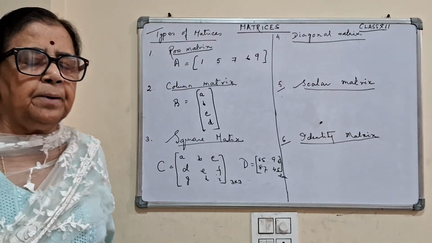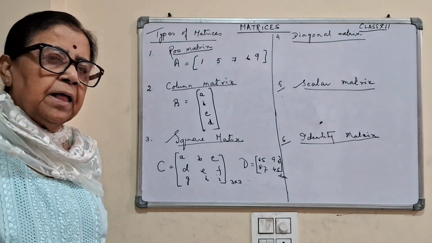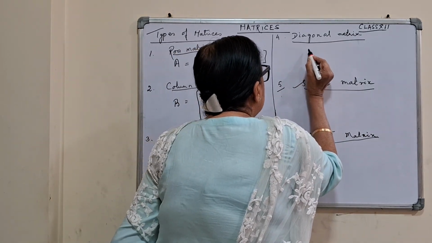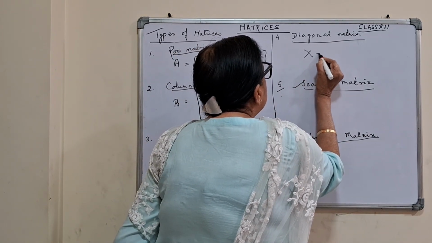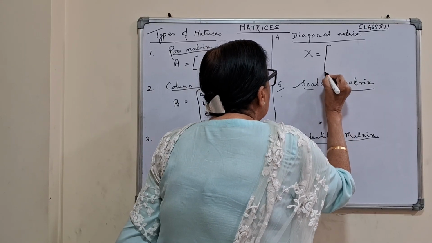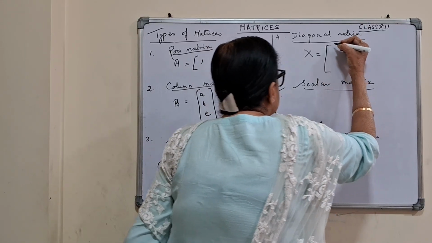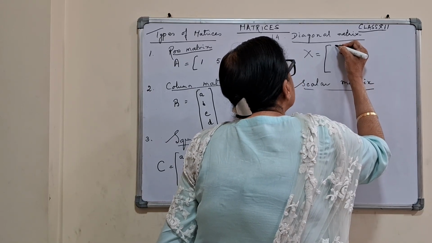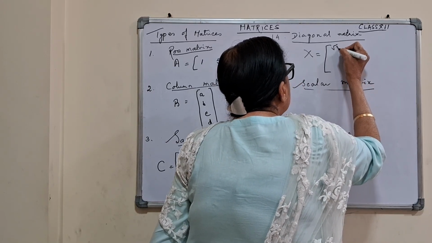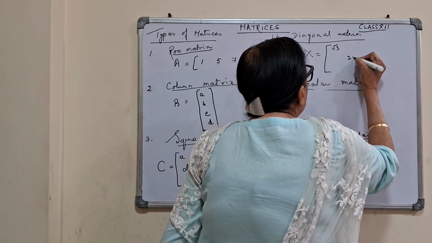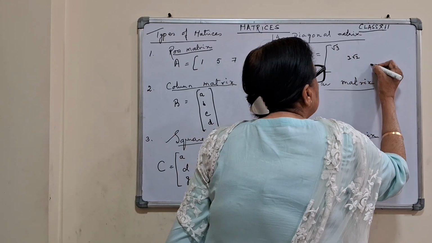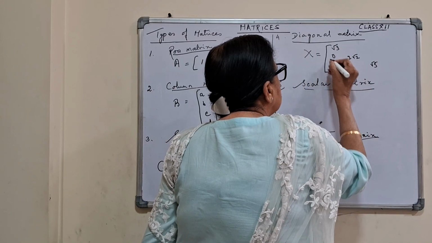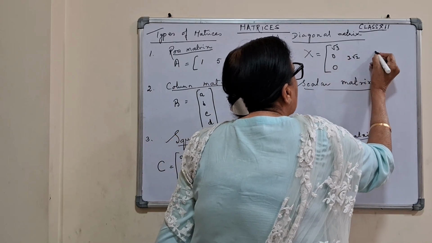Now the diagonal matrix. It has diagonal elements which are all non-zero, that is root 3, 2 root 2, root 5, and the rest of the other elements are 0.